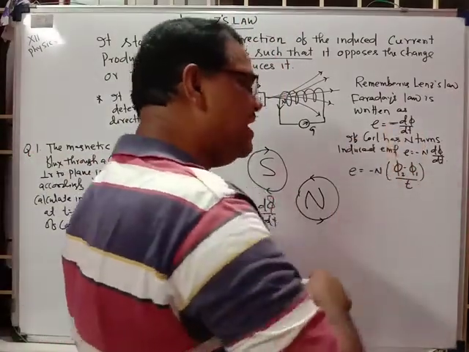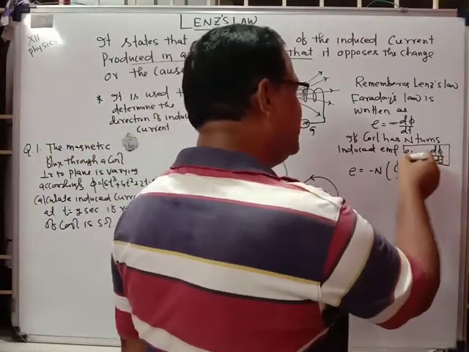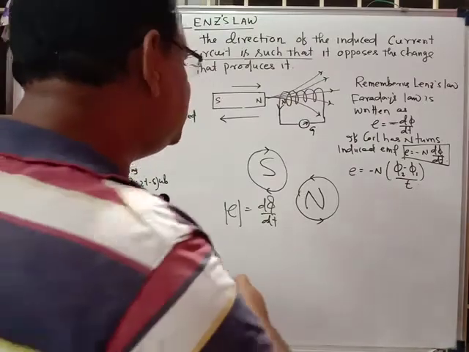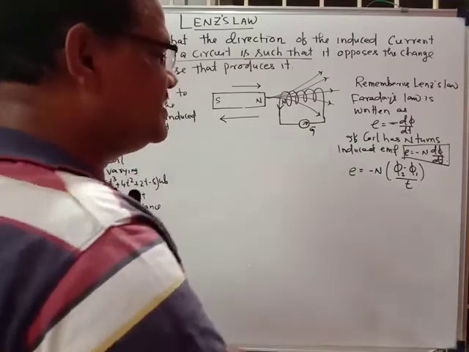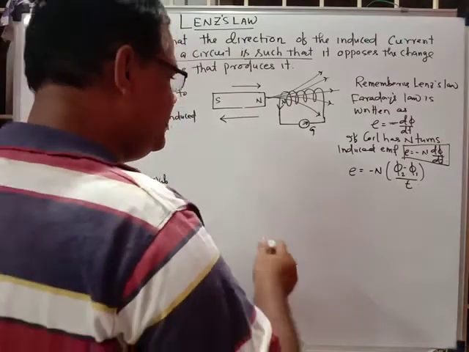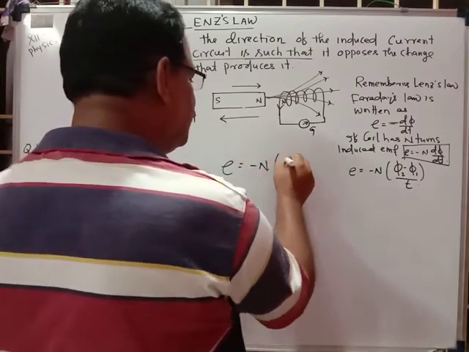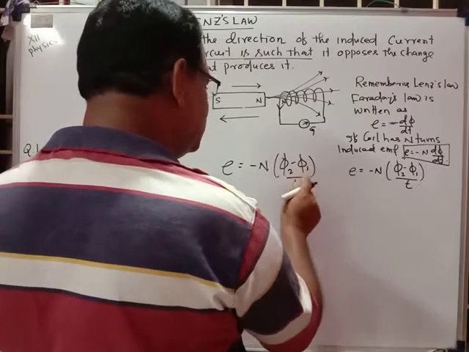And if the coil has n number of turns, we can write E equal to minus n d phi by dt. In other words, if the initial flux linked to the coil is phi 1 and the final flux linked to the coil is phi 2, the induced EMF is E equal to minus n times phi 2 minus phi 1 upon t, within the time t.